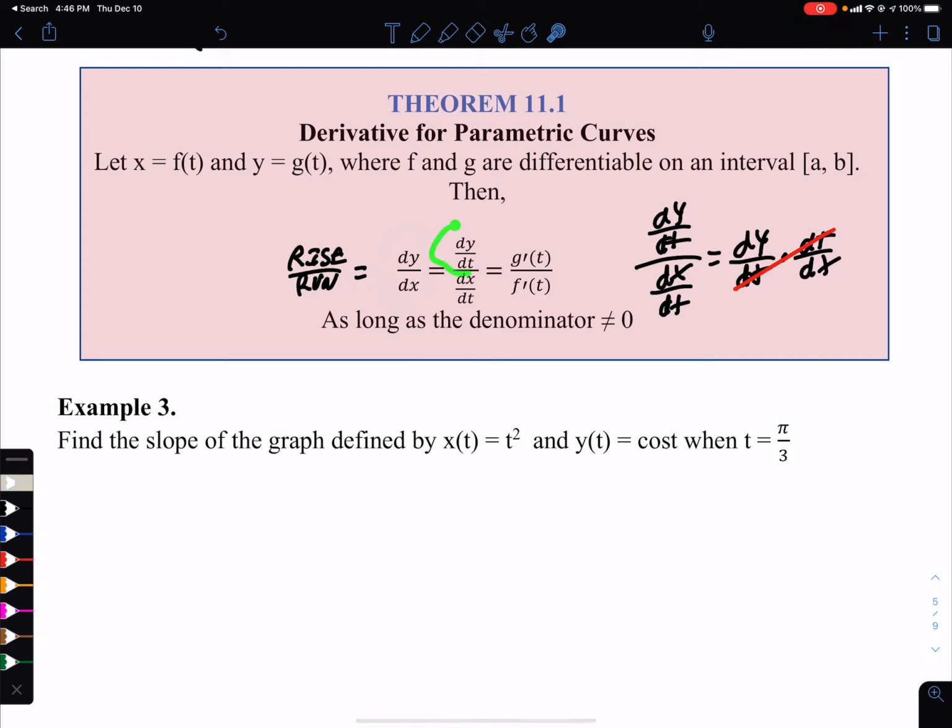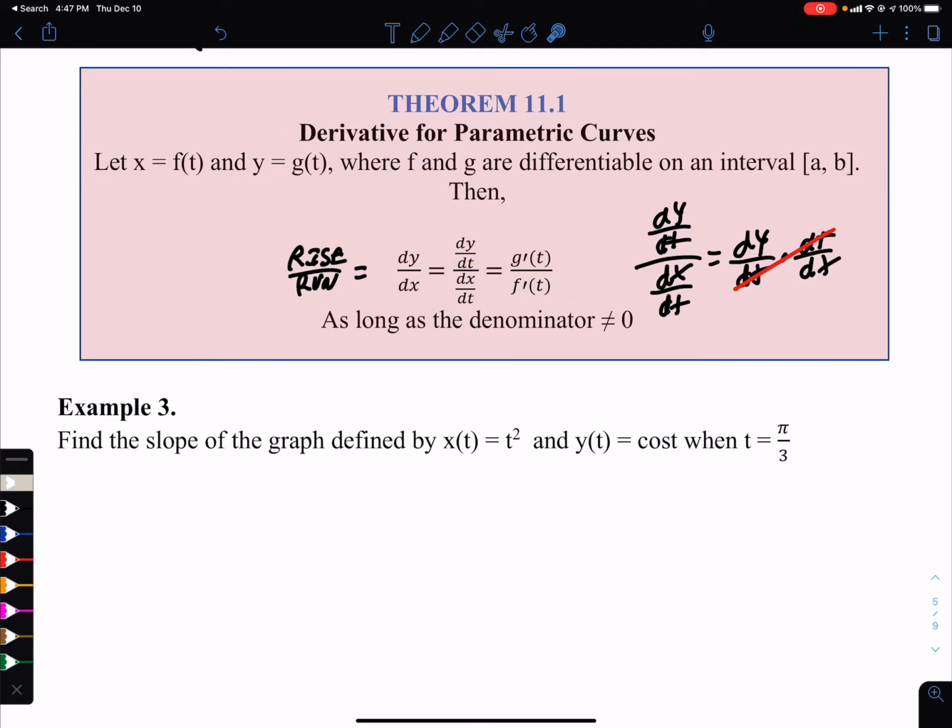But dy dt, that's how fast y is changing with time. And you're going to see that's basically velocity in the y direction. And dx dt is how fast x is changing in the x direction. So that's the velocity in the x direction. g prime is dy dt because they are one and the same. And dx dt is f prime because they're one and the same.